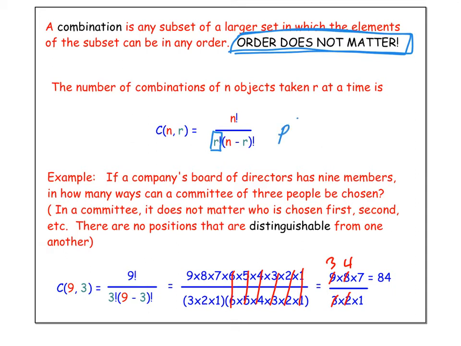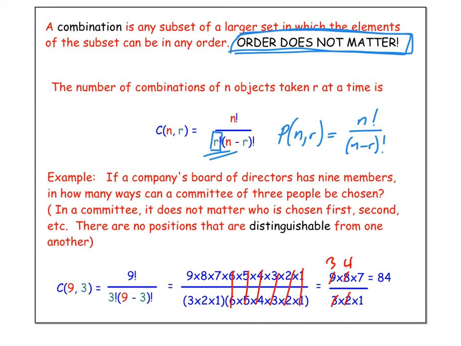To recall, the permutation formula has n factorial on the top, and then the difference between n and r factorial on the denominator. So the difference between the two, as I said, is this extra r factorial.